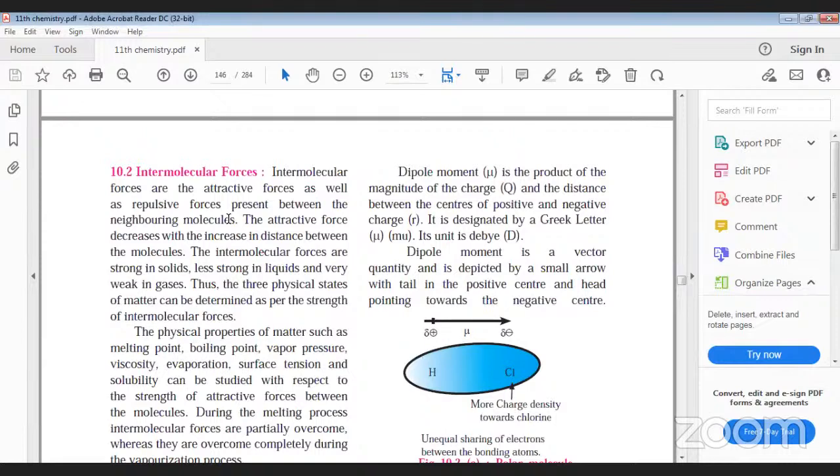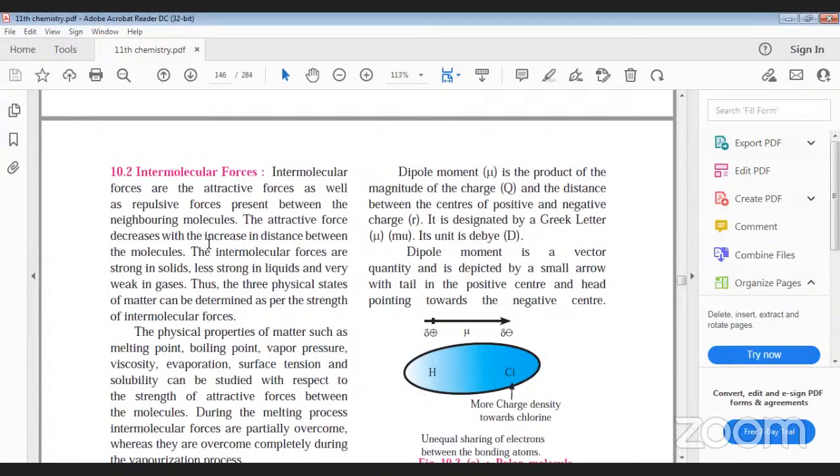The kind of bond that will form is a covalent bond by sharing of electrons, but the force of attraction as such is not there. So like molecules repel each other and unlike molecules attract each other, and on this basis, repulsive and attractive forces play a very important role. Now, attractive forces decrease with an increase in the distance.